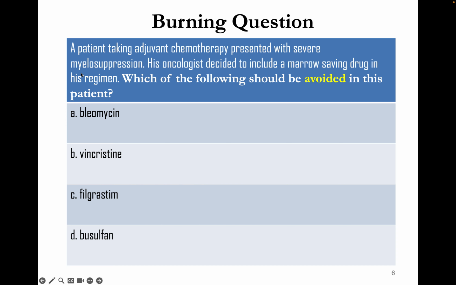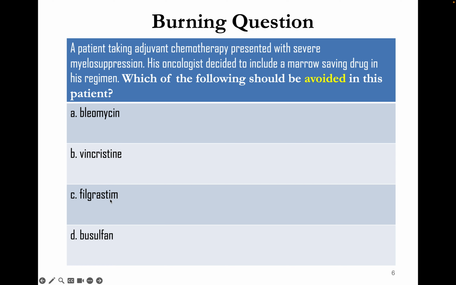And the second question, a patient is taking adjuvant chemotherapy presented with a severe myelosuppression. His oncologist decided to include a marrow-saving drug in his regimen to save the bone marrow cells, okay? So which of the following should be avoided in this patient?